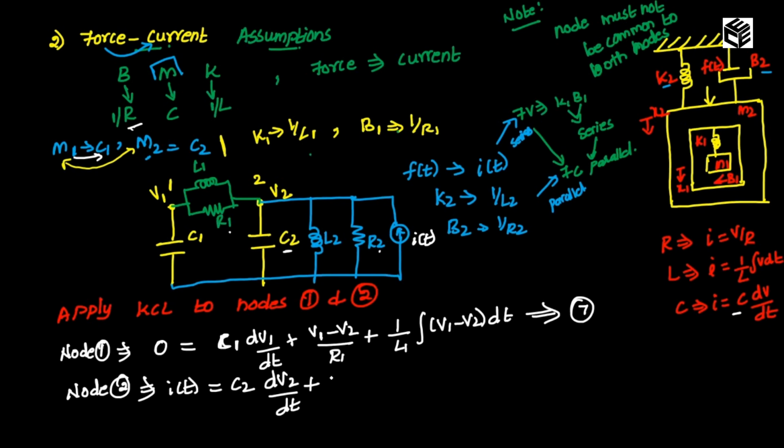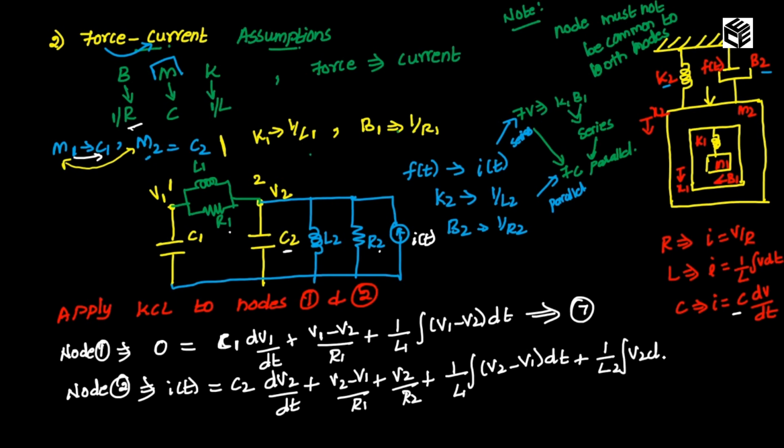R1 is V2 minus V1 by R1 plus R2 is V2 divided by R2. Plus we have two inductors L1 and L2. So that is 1 by L1 into integral of V2 minus V1 into dt plus 1 by L2 into integral of V2 dt. I am taking this as the 8th equation.